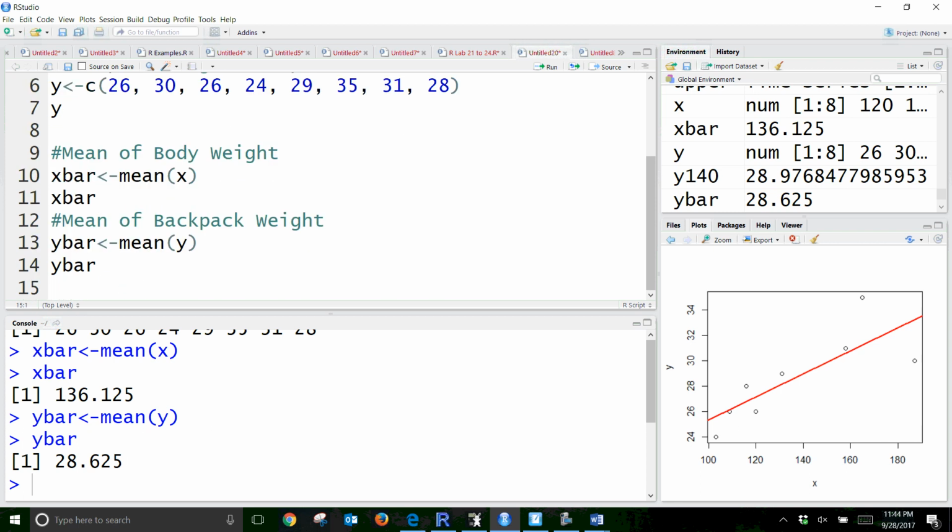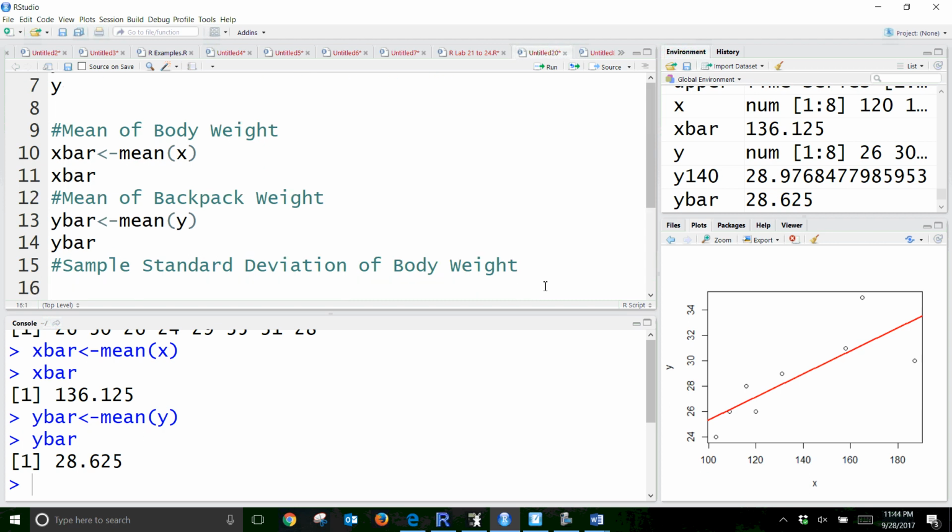I will call this S sub x. That'll be SD of x.